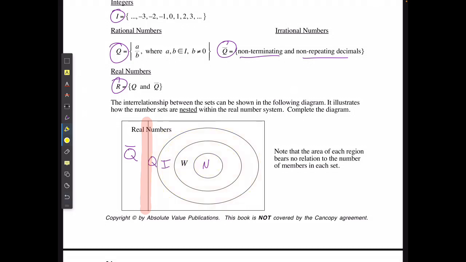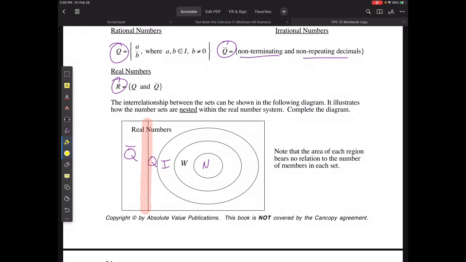Any natural number is also a whole number, an integer, and a rational number. Any whole number isn't natural, but it's still an integer and a rational. Any integer is still a rational number, but it's not necessarily whole or natural.